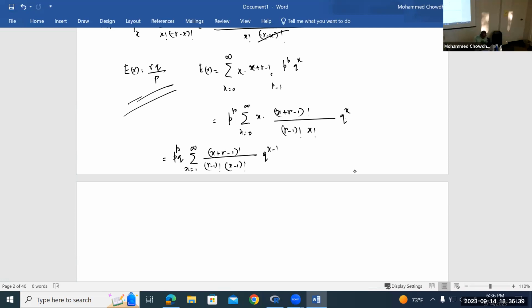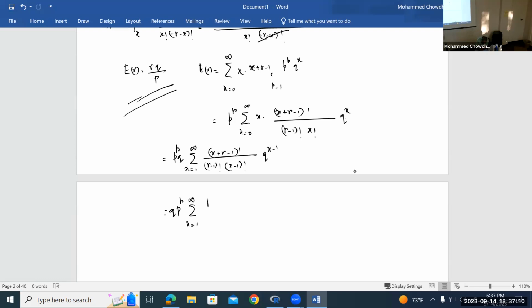So after this, we want to put these things now in this format. p to the power r, q, p to the power r, sum x goes 1 to infinity.